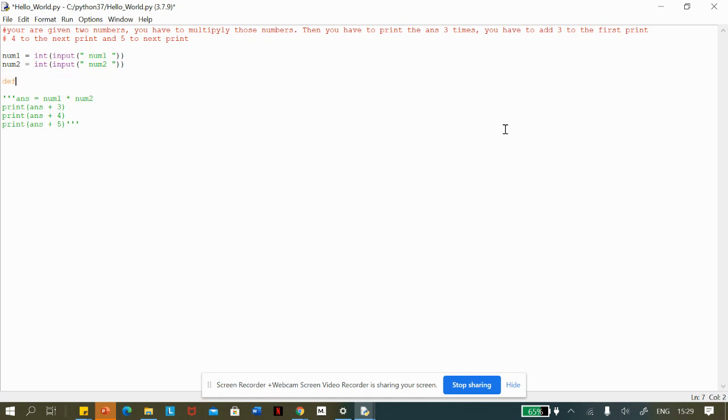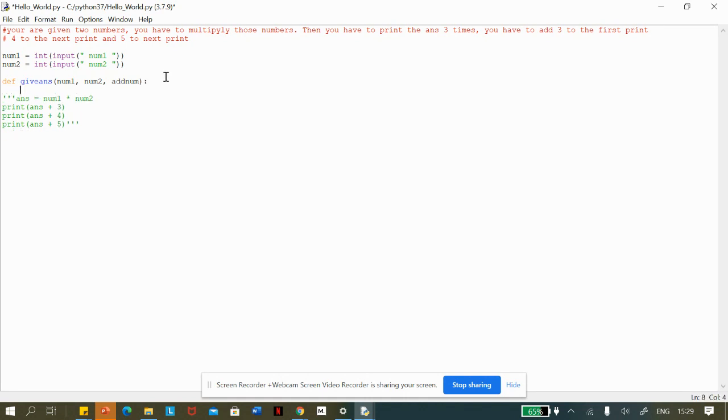And in order to do that, you write def, let's call the function give answer, then you have to give parameters. And in the parameters, I need to take number one, number two, and finally add num, whatever number needs to be added. Correct? And then colon.